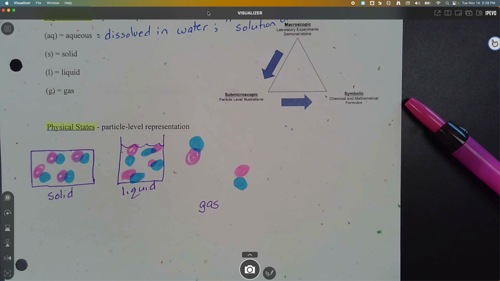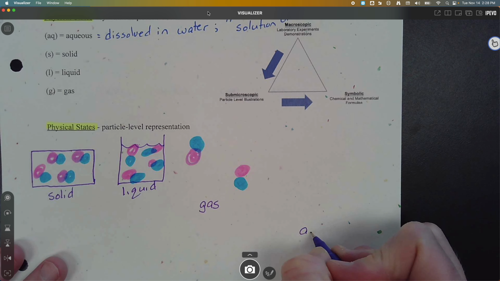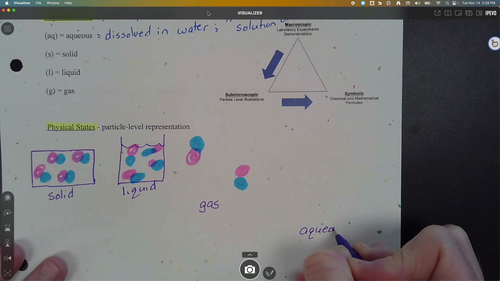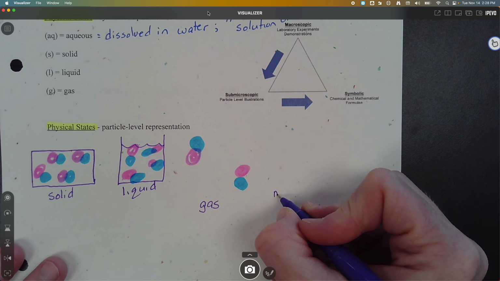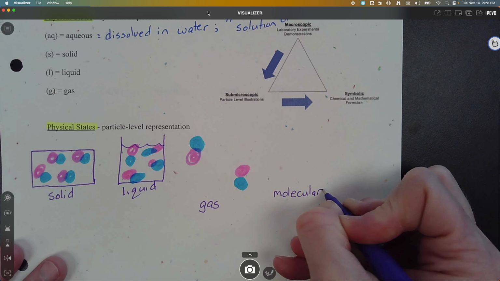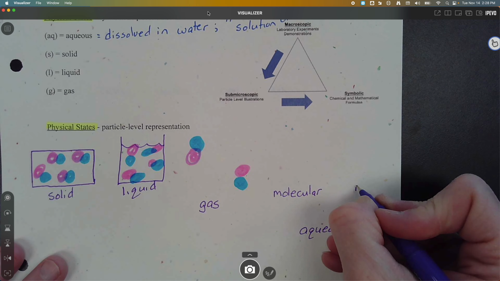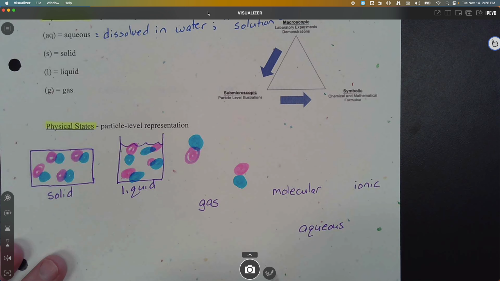Or pink blue could be aqueous. Now, aqueous pink blue, I'm going to actually put the aqueous down here a little bit because we have to draw a couple different possibilities. If pink blue is aqueous, before we can draw it, we have to decide, is pink blue molecular or is pink blue ionic?